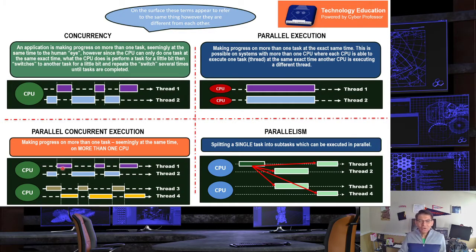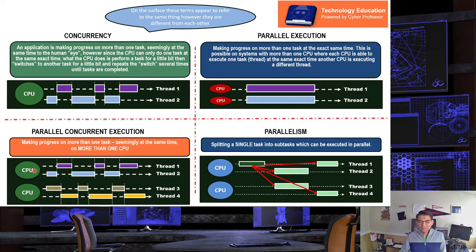Okay? So you remember concurrency and the fact that to the human eye, these two threads may be occurring at the same time, but indeed they are not. Well, just multiply this by 2, because you have this first CPU doing the same thing, thread 1 and thread 2. These two threads may be happening to the human eye at the same time, but they are not.